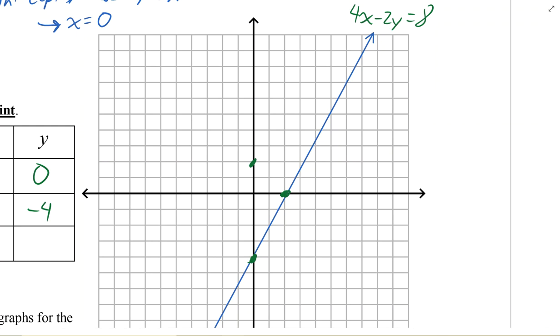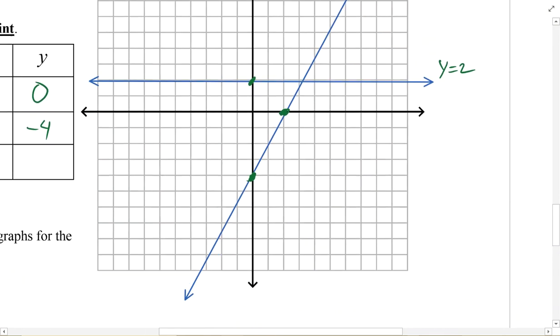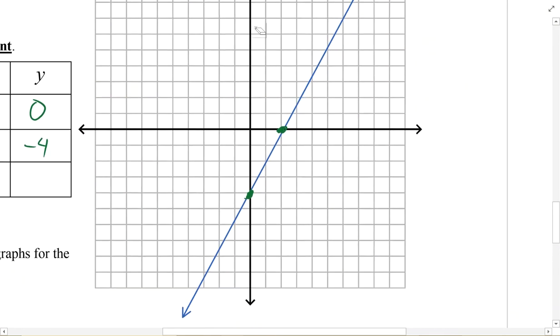So I will use my proper tool. It's called a ruler. There we go. Beautiful. Whoops, -2, my bad. Down here, sorry. -2. Here we go. Good.